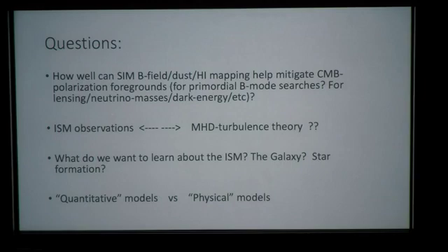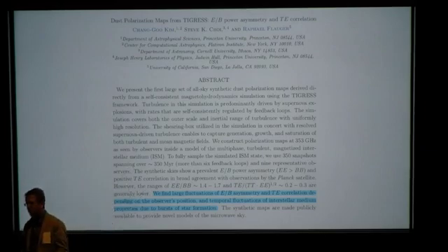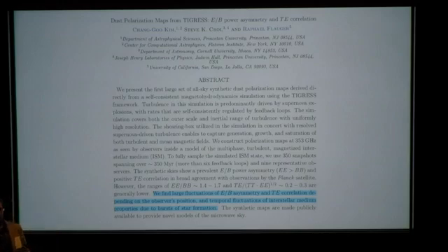There was a paper that appeared just a few days ago that is relevant, that I don't think we heard about. So this is a paper by Kim, Choi, and Flauger. And what they did is they actually simulated, as well as they can, the region of the local galaxy that is responsible for most of the foreground polarization that we see in Planck.